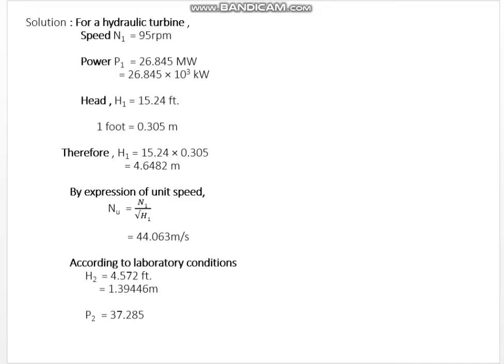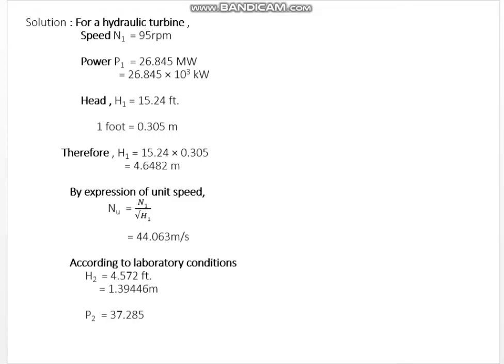Now 1 foot is equal to 0.305 meter, therefore head H1 is equal to 15.24 into 0.305, which is equal to 4.6482 meter.